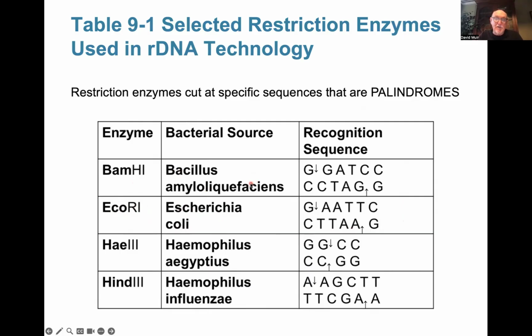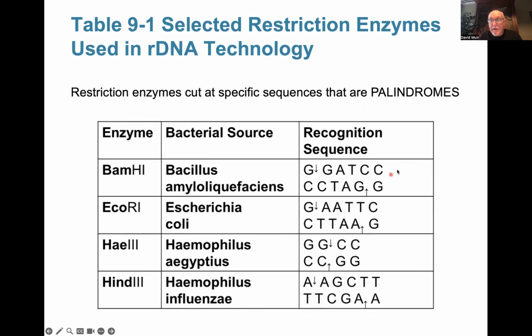Now, the restriction enzymes act like a little pair of molecular scissors. They recognize specific, very short sequences in the viral DNA, and they go along and they cut it, and they inactivate the DNA by doing that.